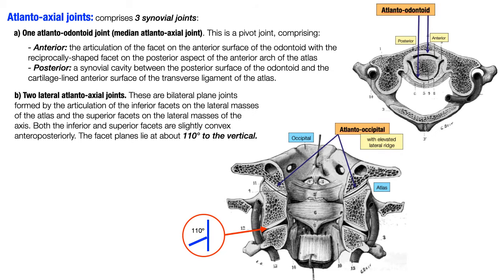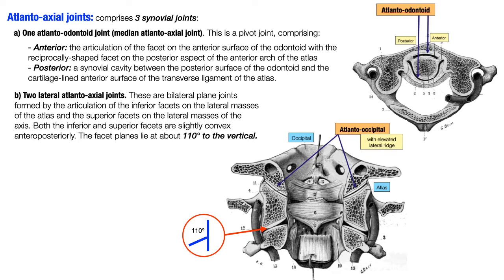As you see in the top image, this joint has an anterior synovial cavity between the axis dens and the posterior aspect of the anterior arch of the atlas. But it also has a posterior synovial cavity between the posterior surface of the dens and the anterior aspect of the transverse ligament of the atlas. We'll see this ligament in a minute.